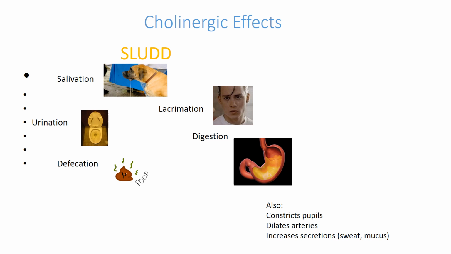When stimulated, salivation increases, lacrimation increases, bladder contractions increase, causing urination, GI secretions and GI motility increase to aid digestion, and lower GI tract peristalsis increases to aid in defecation. We also have constriction of the pupils, dilation of the arteries, and an increase in secretions like sweat and mucus.